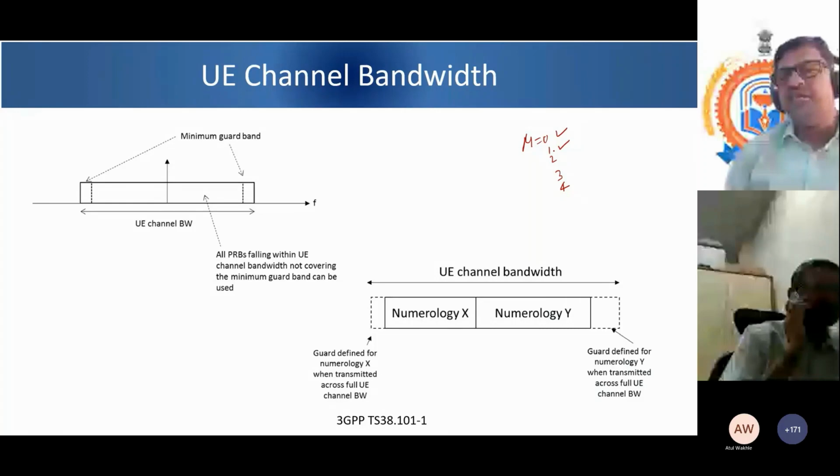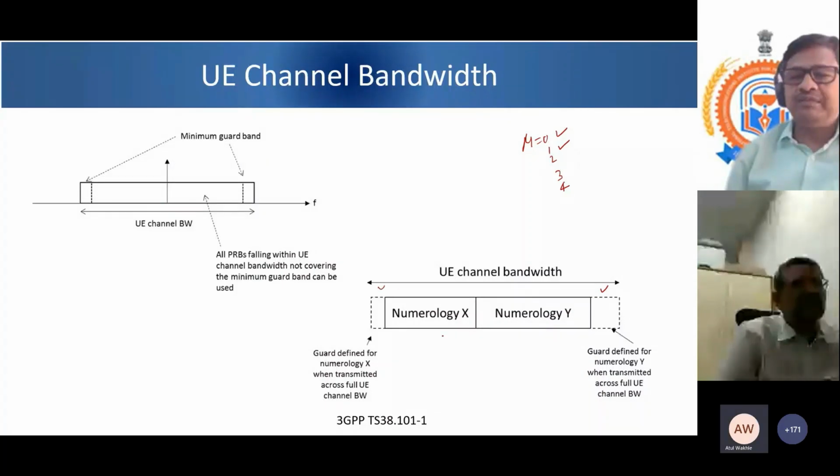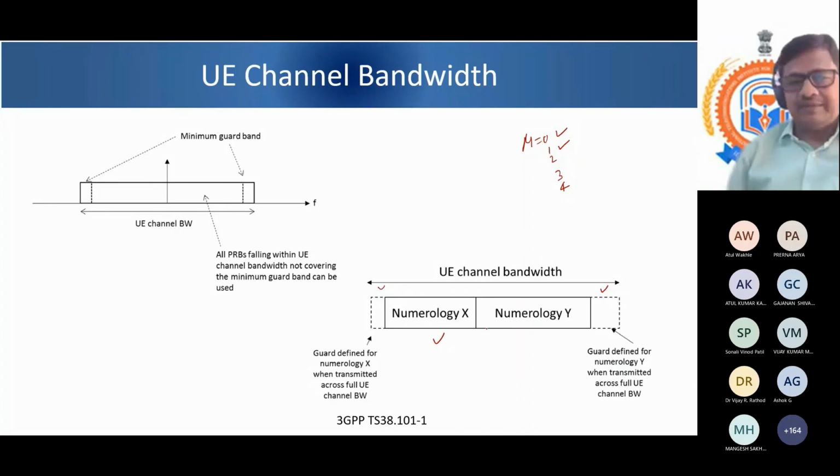So mixed numerology use is possible in 5G. So here in this example, what is shown that, okay, from both sides, we have removed the guard band, and whatever is left out, we have divided in two parts. In one part, I'm using numerology X. In other part, I'm using numerology Y. Let us assume this is 15 kilohertz subcarrier spacing, numerology 0, and this is 30 kilohertz, which is numerology 1.